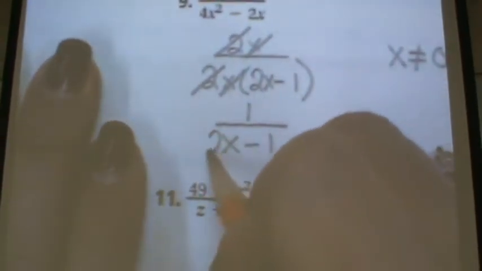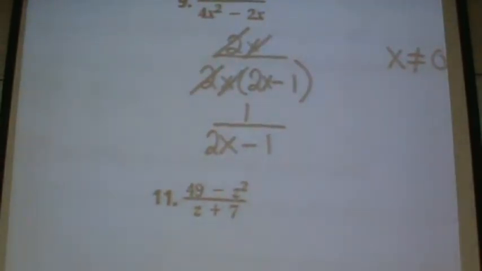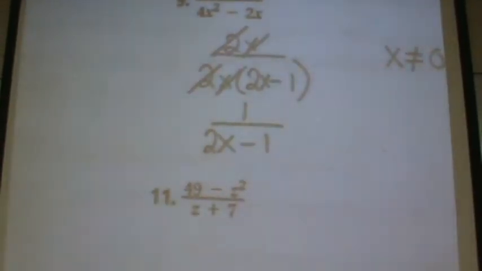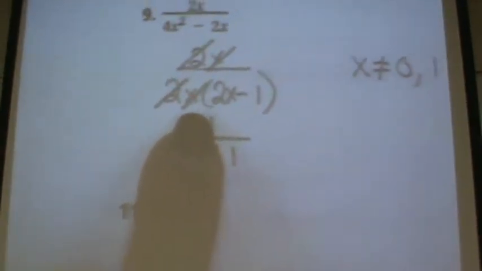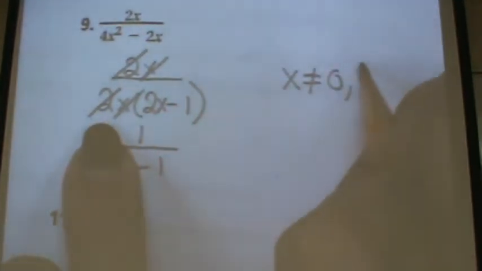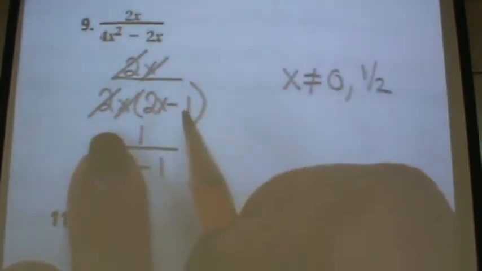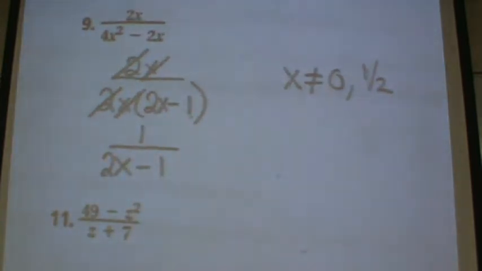There, now it's right. Oh, wait, we didn't do these restrictions right. So it's going to be 0 and 1/2. 0, because I had that wrong, and 1/2, because if you set that equal to 0, it's 1/2. So x can't be 0 or 1/2 on that one. Thank you, Brett, for catching that error.